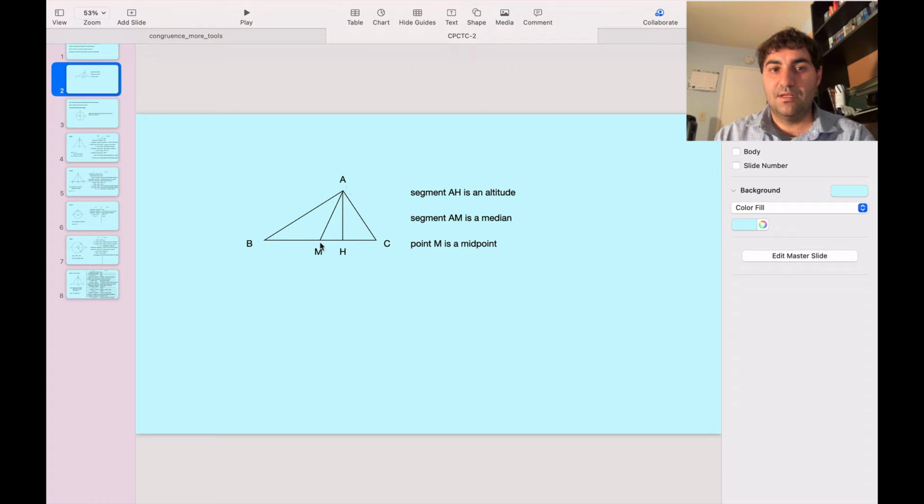And a segment that joins a vertex of a triangle to the midpoint of the opposite side, AM is a median, and M is the midpoint because that's how it's going to divide this segment into two congruent parts. So segment MB is congruent to segment MC.